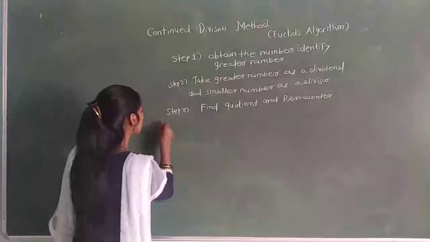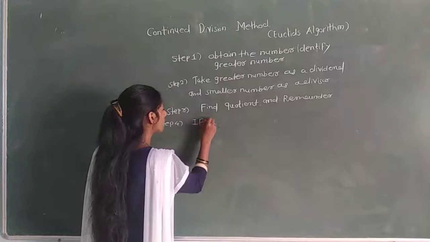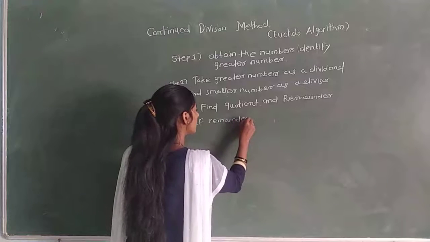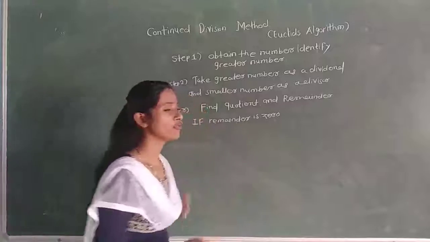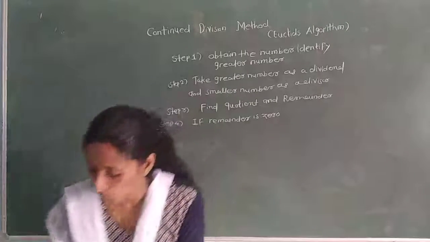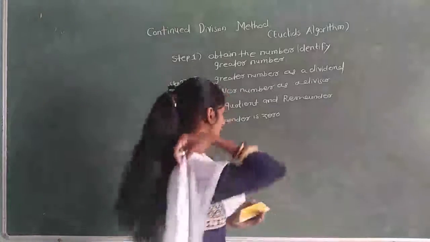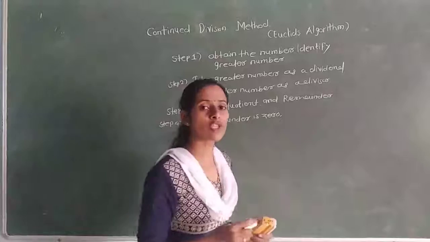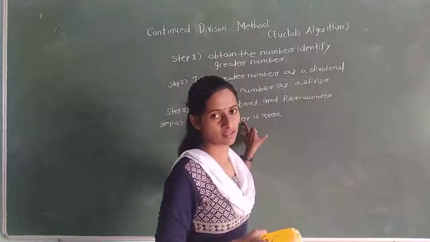Okay, now step number 4. If the remainder is 0, then the divisor is the required SCF. When the remainder is 0, use the divisor.